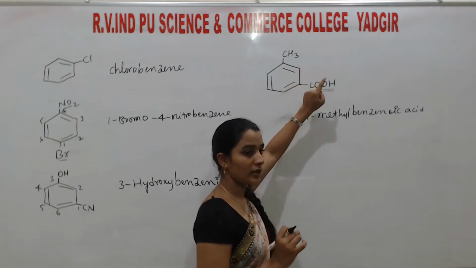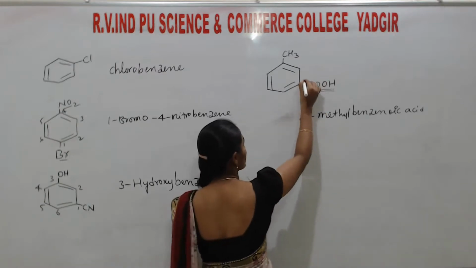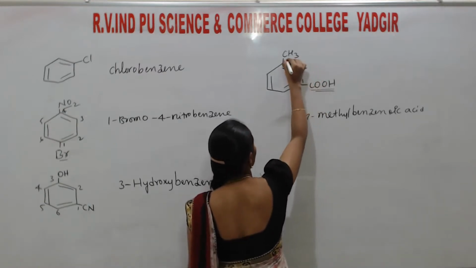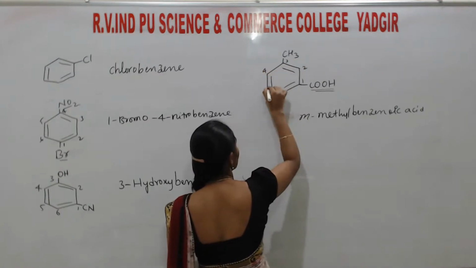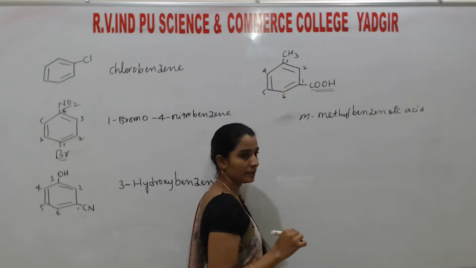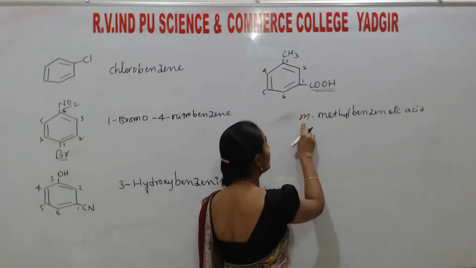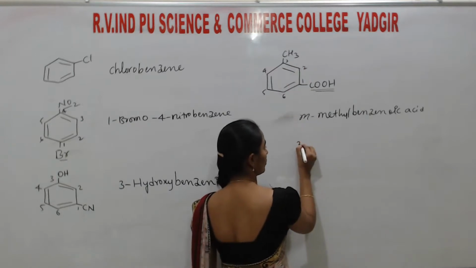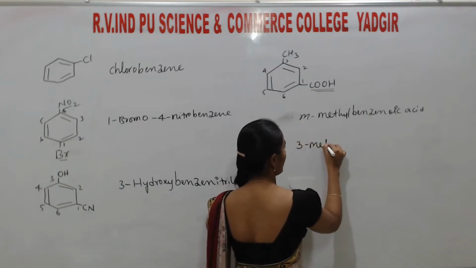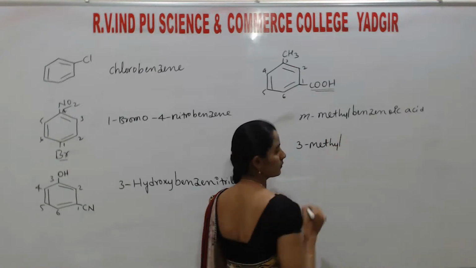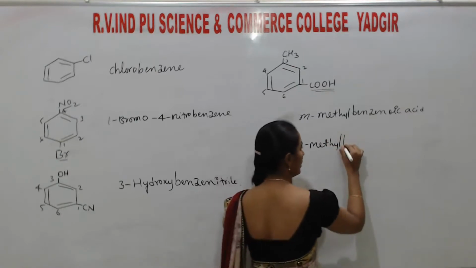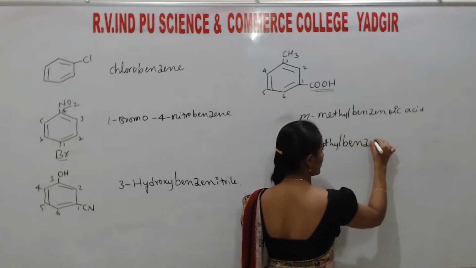So if you want to write with numbering, this is the first carbon atom, second, third, fourth, fifth, sixth. In place of meta, you take the position of the methyl group. That is 3-methyl. Benzene is the parent chain.